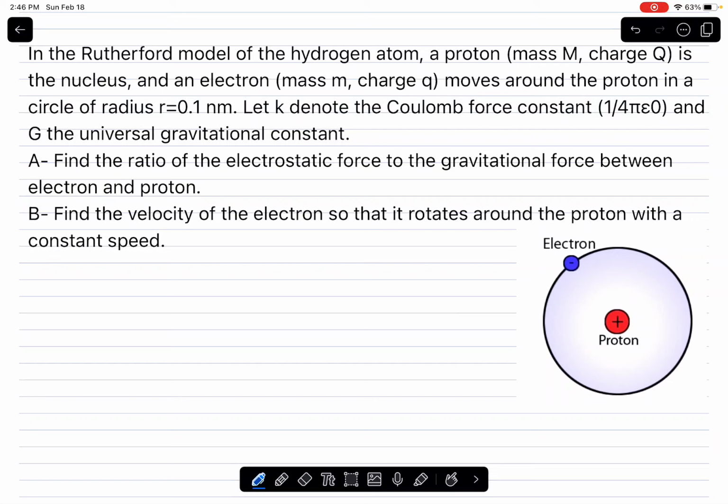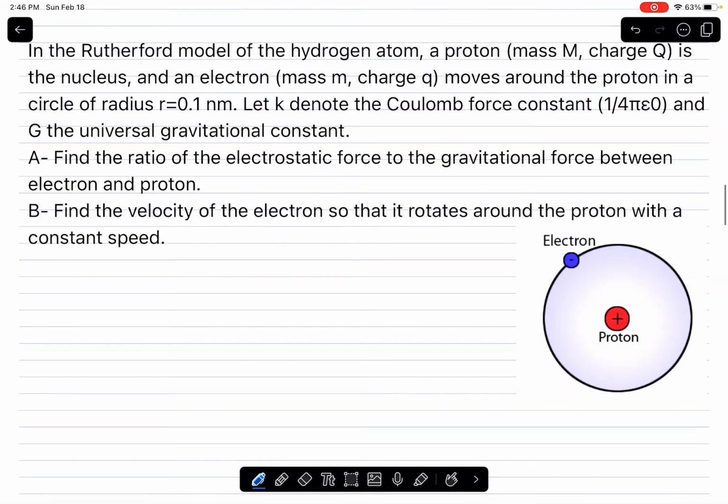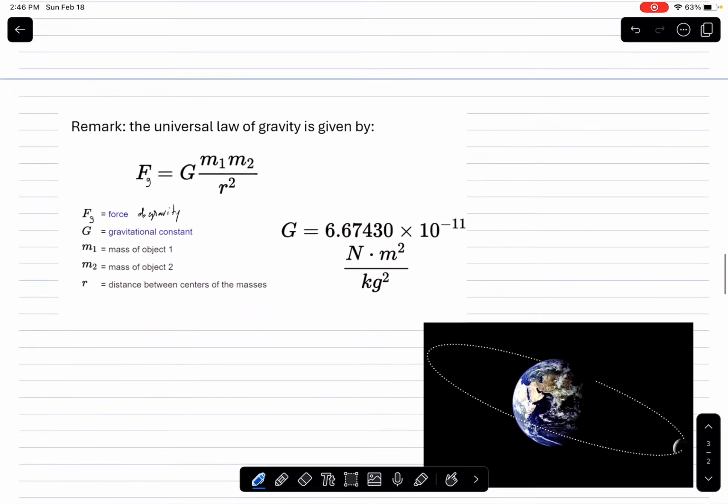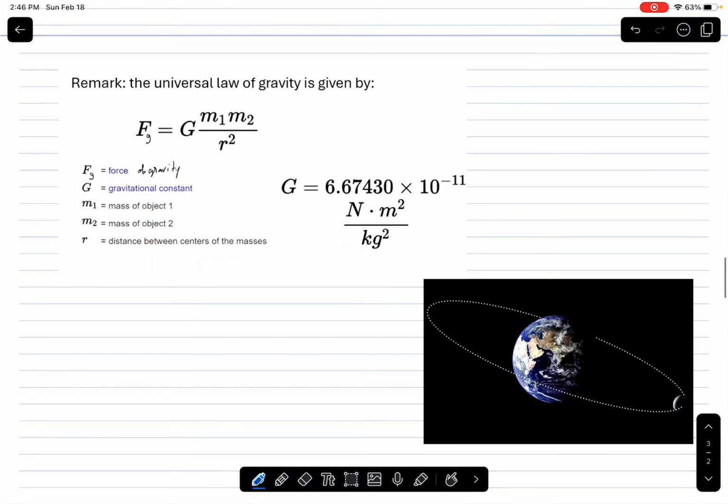So to solve this question, I will first just give you an overview of the formulas that we will be using. To compare the electric force and the gravitational force between the electron and the proton, we will need to know the formula for the universal law of gravity, which is basically a law that gives us the force of gravity between any two objects.